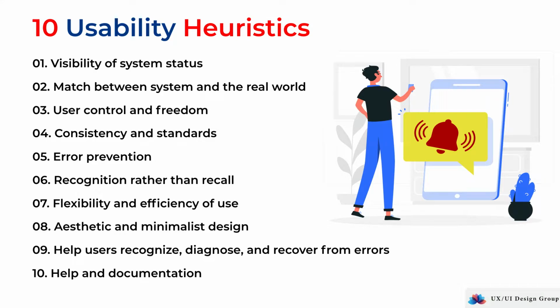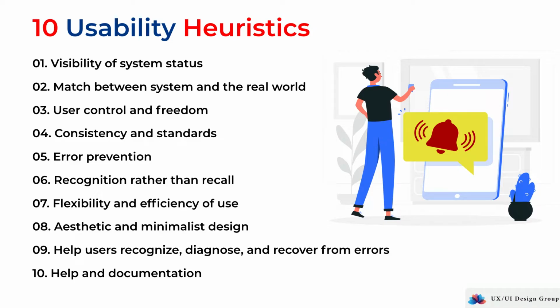So let's see what the 10 usability heuristics, that are broad rules of thumb, are. First one is visibility of system status, match between system and the real world, user control and freedom, consistency and standards, error prevention, recognition rather than recall, flexibility and efficiency of use, aesthetic and minimal design, help users recognize, diagnose, and recover from errors, help and documentation.